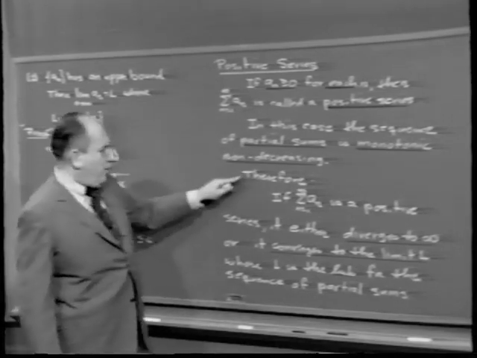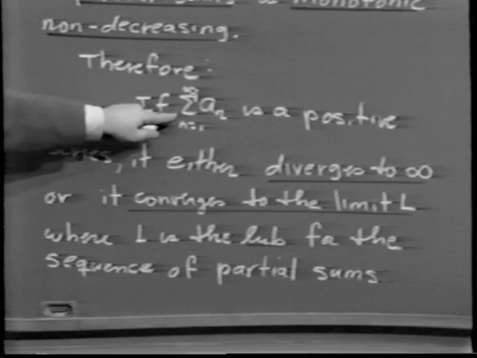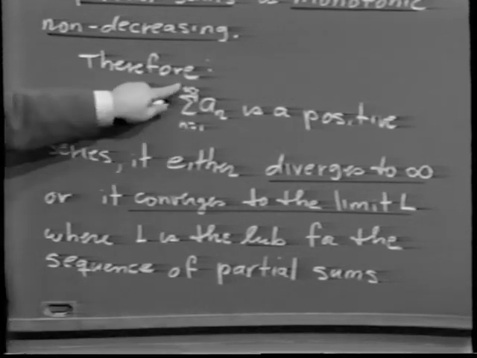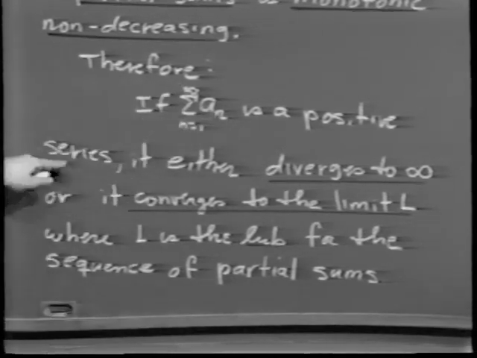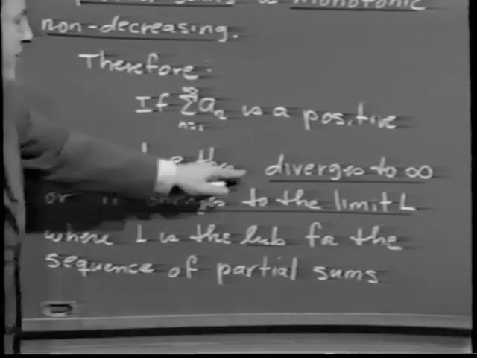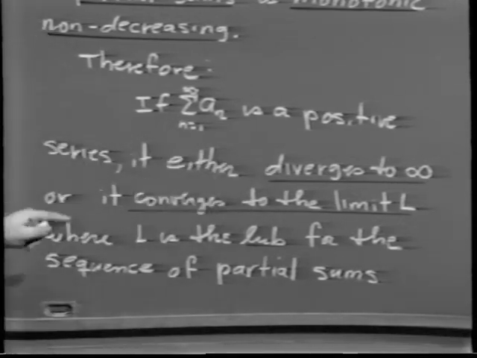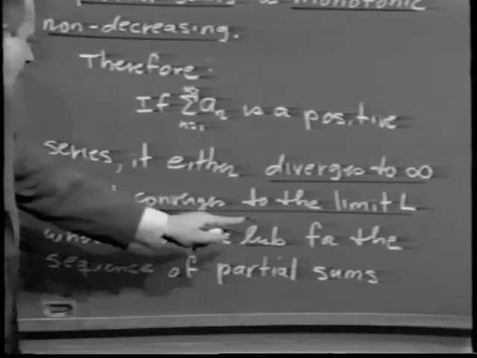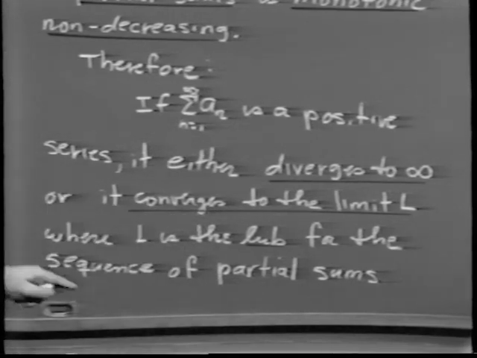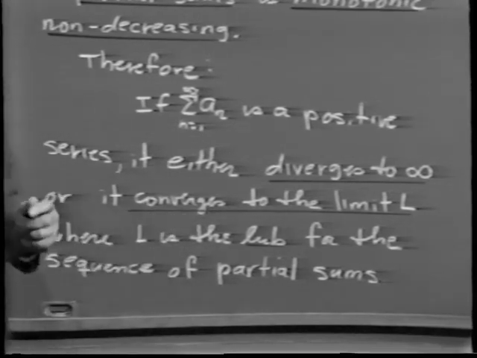In other words, therefore, if the series summation n goes from 1 to infinity, a sub n, is a positive series, it must either diverge to infinity, or else it converges to the limit L, where L is the least upper bound for the sequence of partial sums.